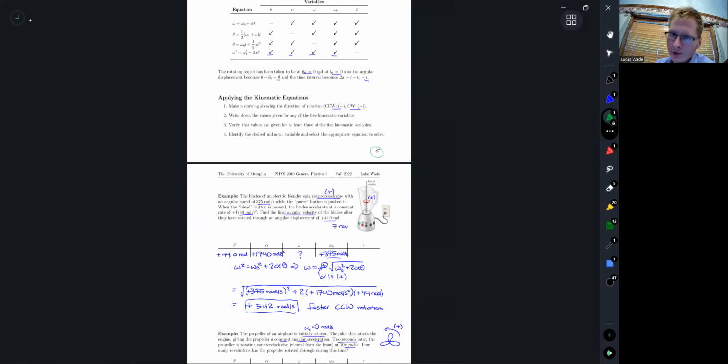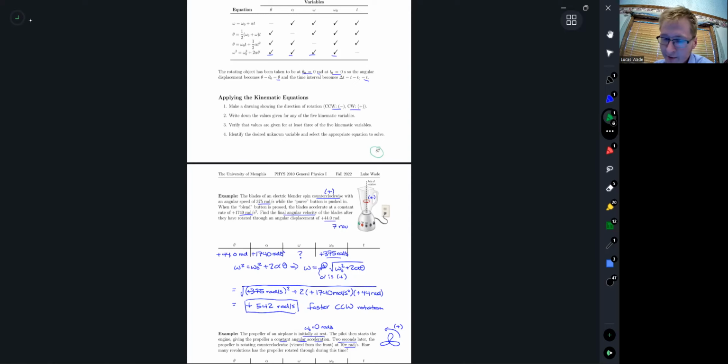And so if you're given that something is rotating with a positive angular velocity, then it is rotating counterclockwise. Wait, have I been saying clockwise this whole time? Counterclockwise is positive, whatever I said before. And so if you have an angular velocity that is positive, then that thing is rotating counterclockwise.